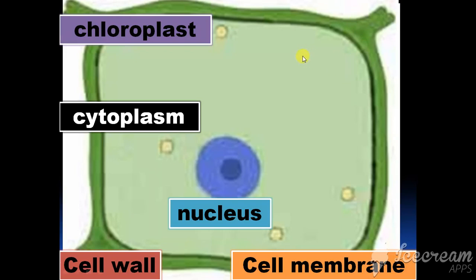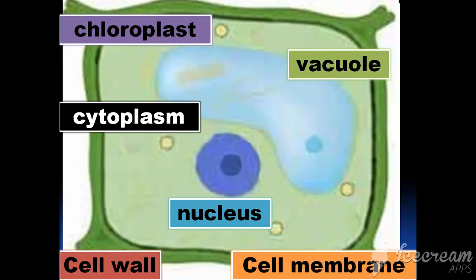The last component here we will find is the vacuole, and you will only need to know its name. So the components of the plant cell are the cell wall, cell membrane, cytoplasm, nucleus, chloroplast, and vacuole. So, what about the animal cell?